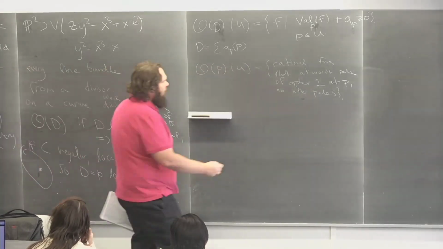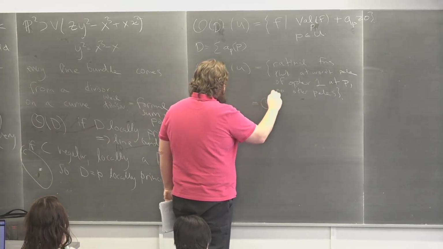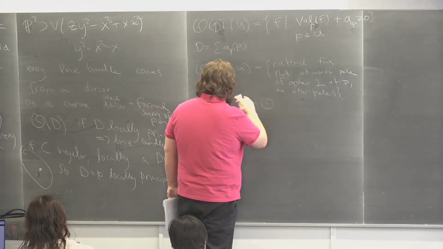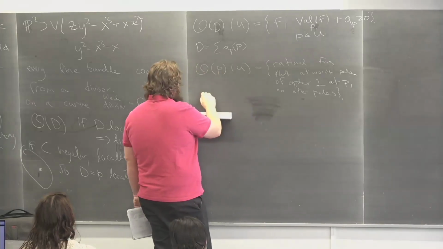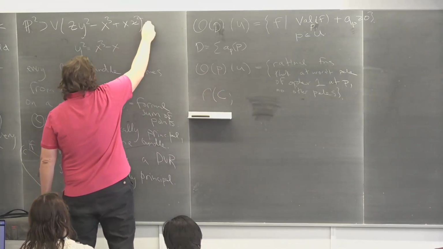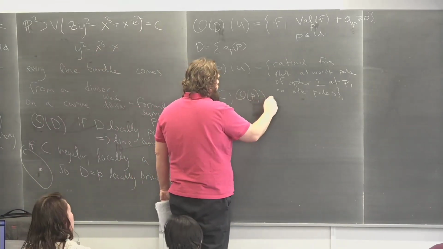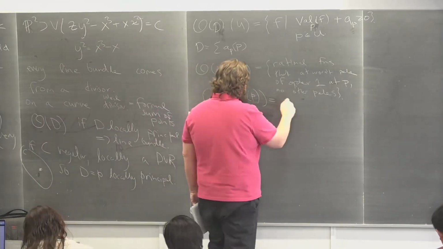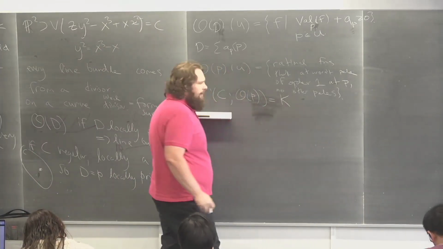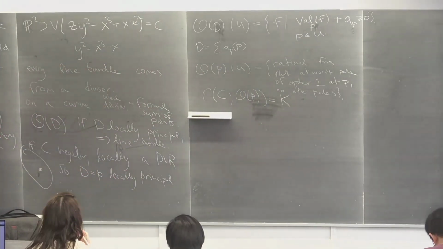So it turns out that, if I take the global sections on this curve, this is my global sections of O of P, I just get my base field K. I only have the constant functions, and there's no global one.